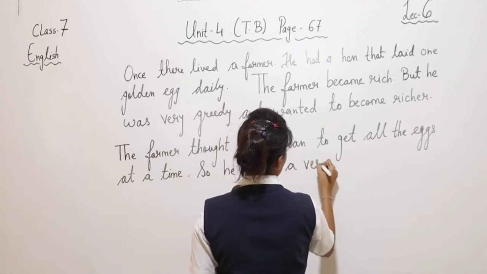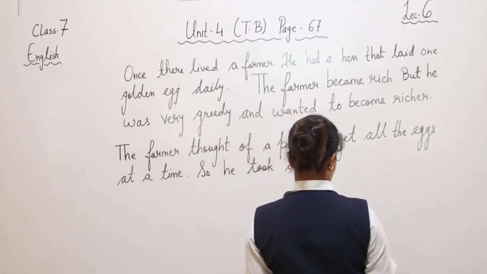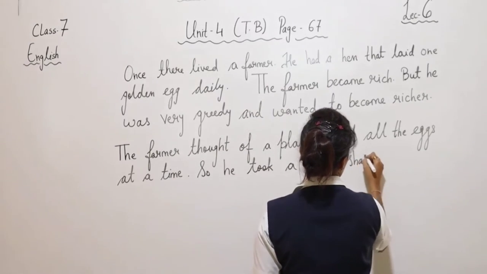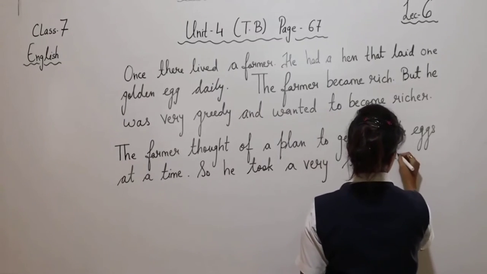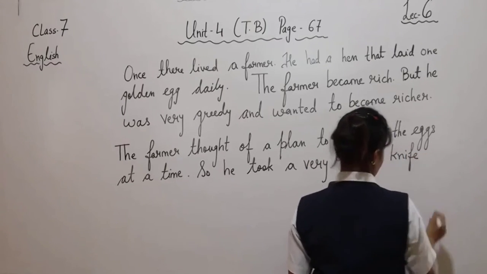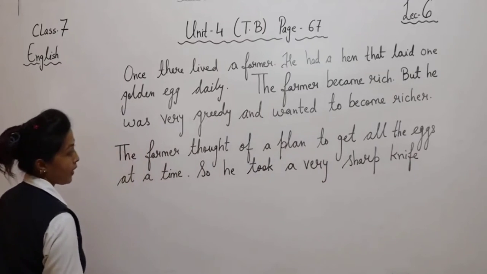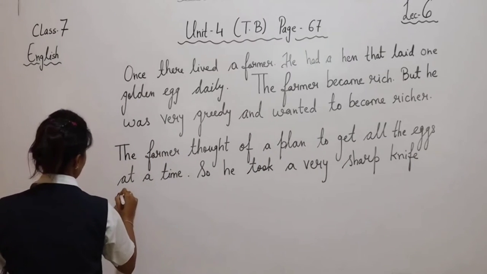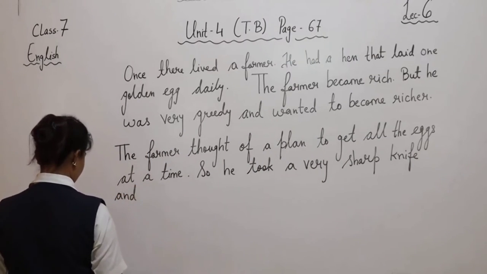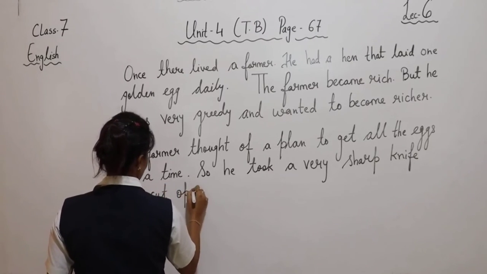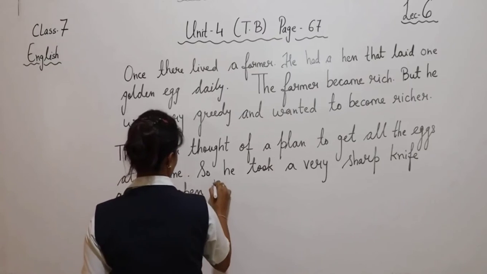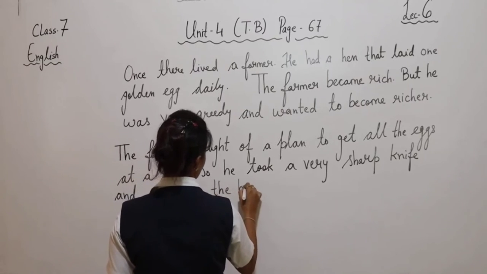So he took a very sharp knife, and now for that what he do? He took a very sharp knife and cut open the hen.